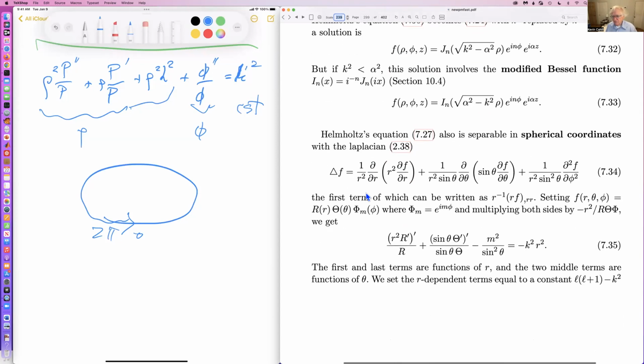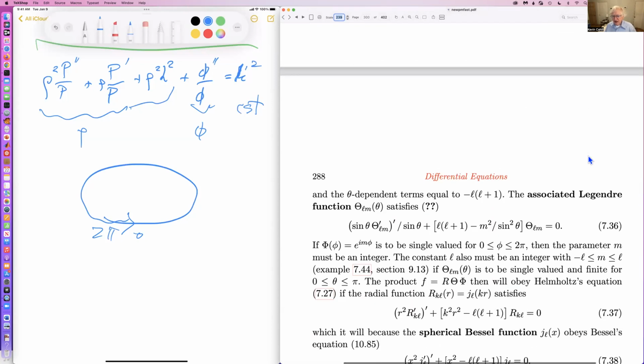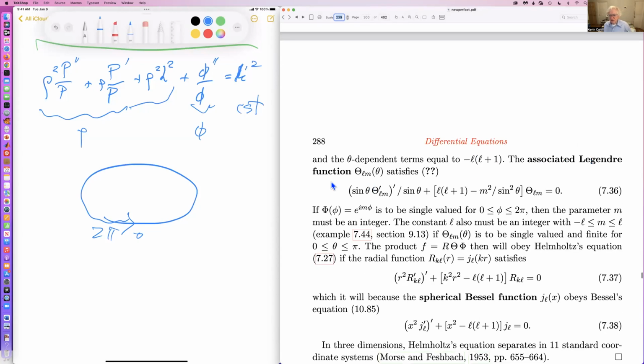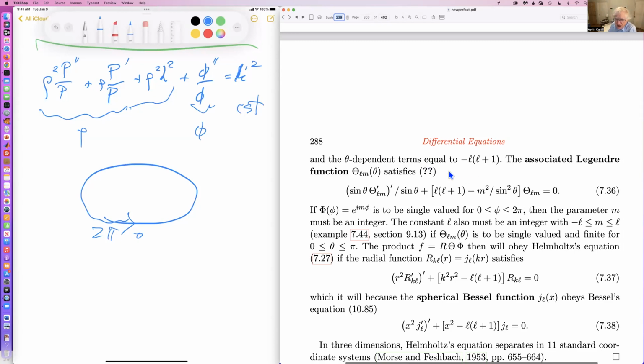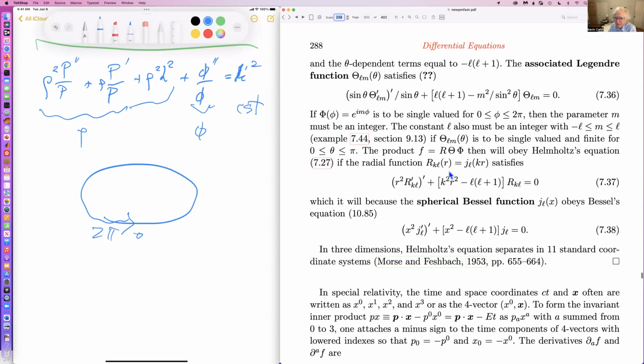And then you can also separate it in spherical coordinates. And when we do that, we wind up with the theta function being the associated Legendre function, which we'll see in a later chapter. If phi from 0 to 2 pi describes the physical region, then m has to be an integer.